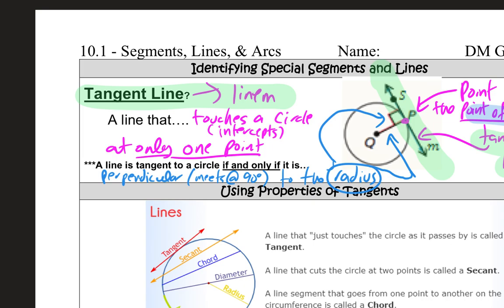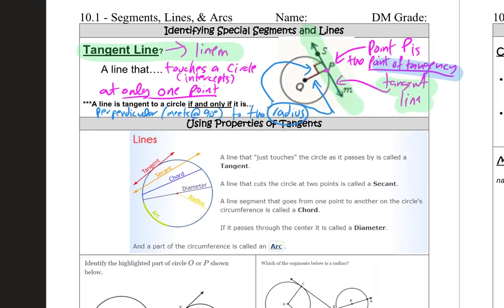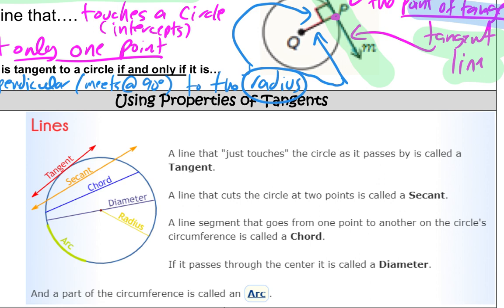All right. So I've included this chart right over here that gives an even better description. A line that just touches the circle as it passes by is called a tangent, which would be this one right over here. Next time, we're going to talk about what a secant is, because that cuts through it. That's the difference between a tangent and a secant. Secant cuts through it. Tangent just touches.